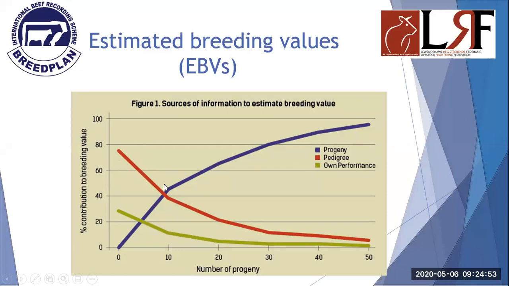But as he starts to have some progeny, their information becomes more and more important. And above 10 progeny, the progeny's performance counts the biggest portion towards the animal's EBV. And around 50 progeny, you can see that the pedigree information and the animal's own measurement does not count that much anymore.